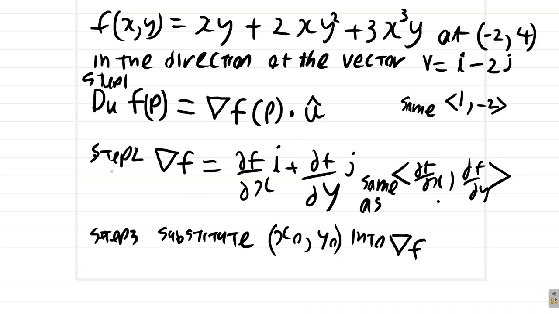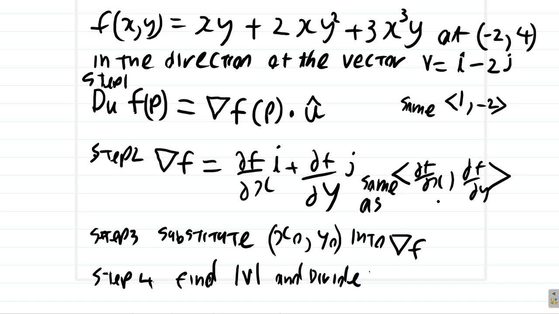So you substitute. All right, let's call it step 4. You find the magnitude of v and divide v by it.